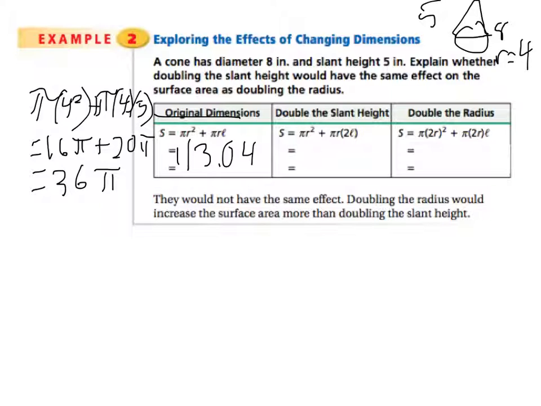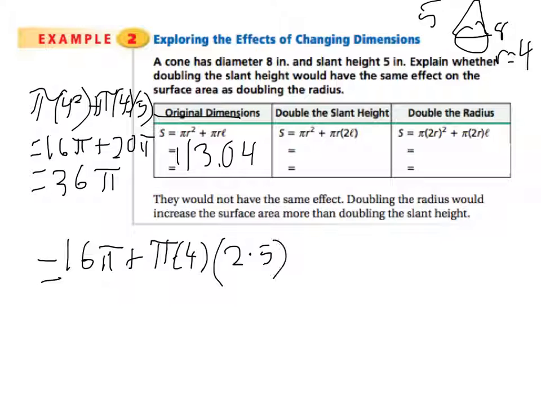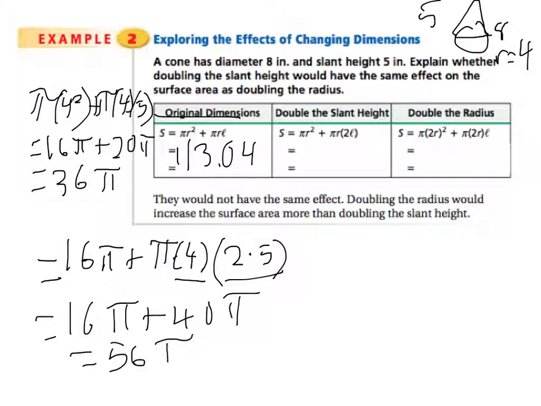Let's see what happens when we double the slant height. Well, we know that one side is going to be 16 pi for the base, plus pi times 4, and then the slant height is 5, so 2 times 5. So that's going to get us 16 pi plus 2 times 5 is 10. 10 times 4 is 40, so 40 pi, and that's going to be 56 pi, and then inches squared.